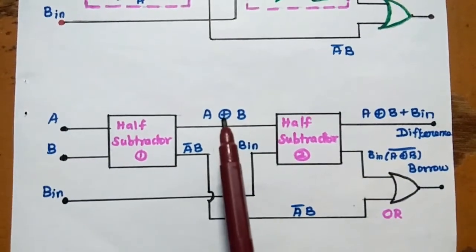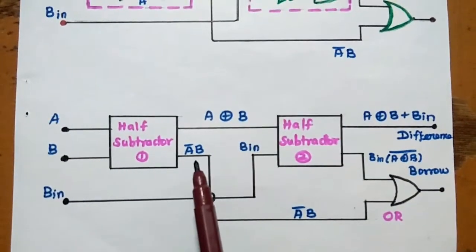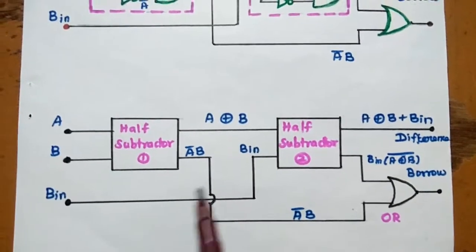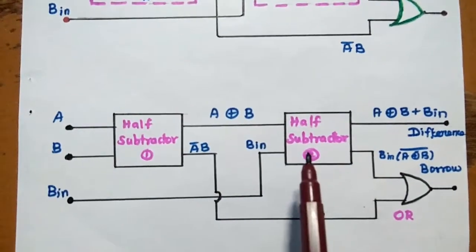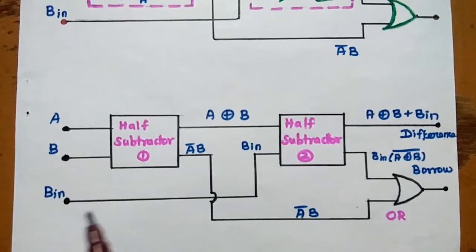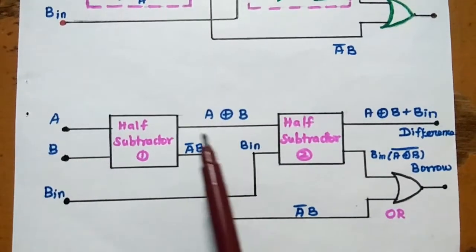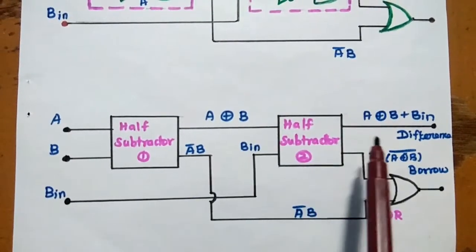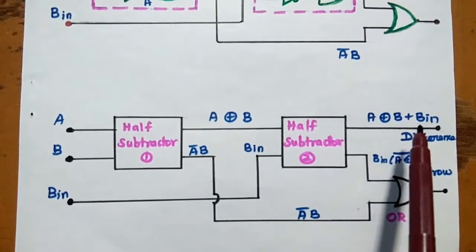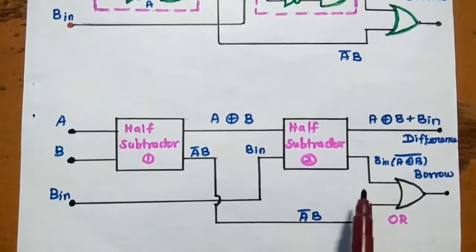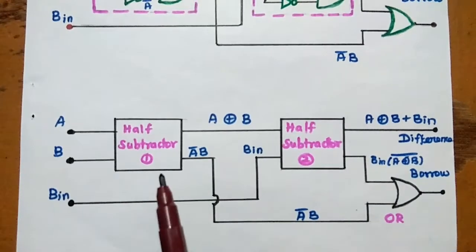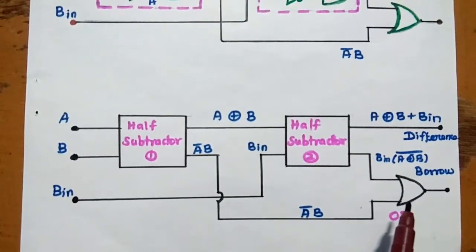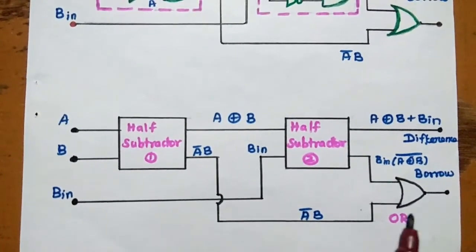Then we can obtain the difference A XOR B and the product A bar B from this first half subtractor. Then for the second half subtractor we have to give one more input as B in, and the output of the first half subtractor as input. The output of this half subtractor is A XOR B XOR B in, nothing but the difference. The product outputs of these two half subtractors are given as input to the OR gate. Then we can obtain the output borrow value.